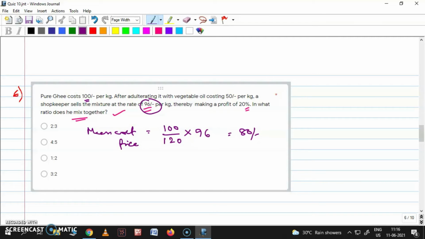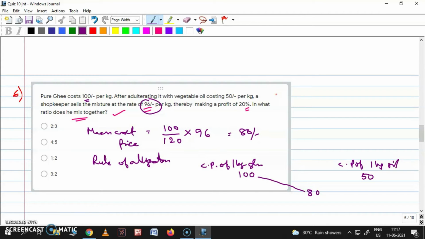Now we need to go ahead with the rule of alligation, or mixtures alligation. What is this rule? We take the cost price of 1 kg ghee, which is 100 rupees, and the cost price of 1 kg oil, which is 50 rupees, and the mean cost, which is 80 rupees.